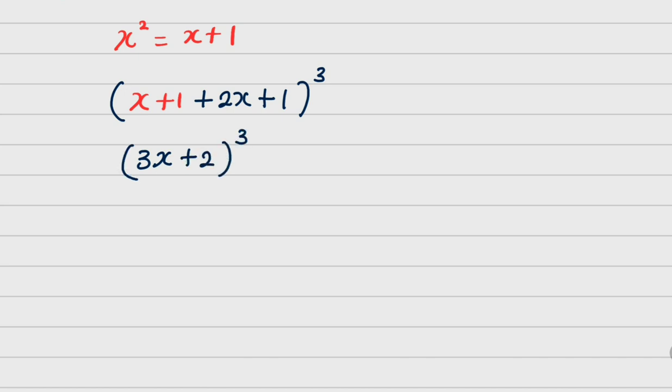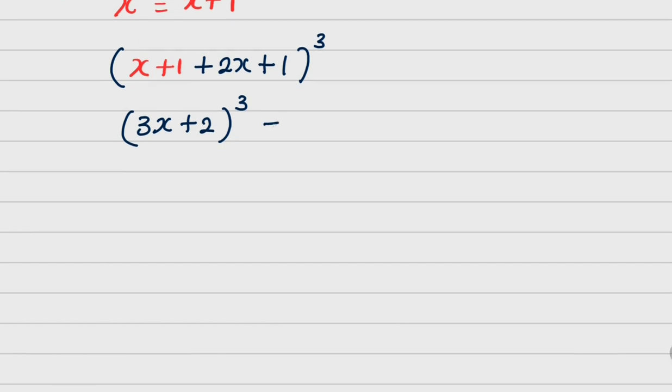You see, what I'm doing is at every point, I just want to get x squared so that I can eliminate it. Just reducing it. That is how I'll be simplifying it going down. Now, this can actually be written as 3x plus 2 all squared into 3x plus 2.